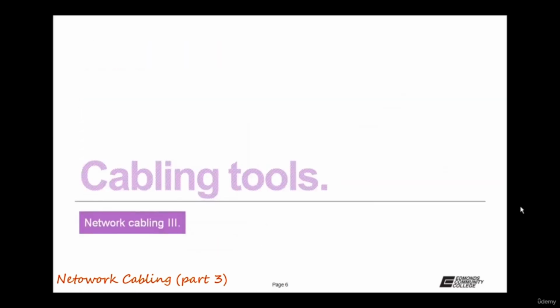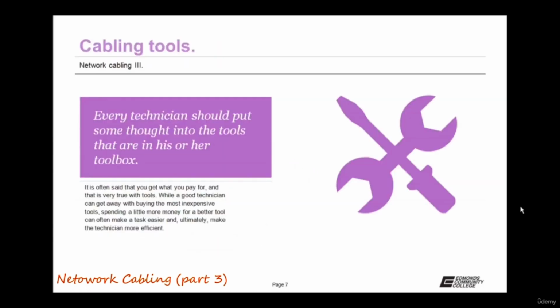Now let's move on to cabling tools. So every technician should put some thought into the tools that are in his or her toolbox. It is often said that you get what you pay for, and that is very true with tools. While a good technician can get away with buying the most inexpensive tools, by spending a little more money for a better tool, that can often make the task easier and ultimately make the technician more efficient.